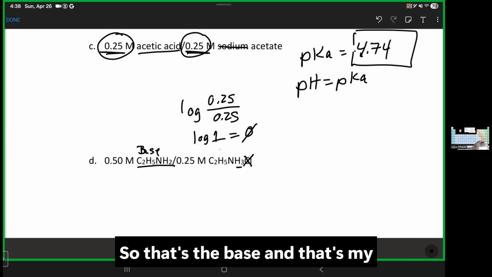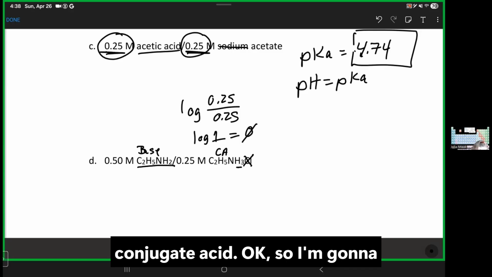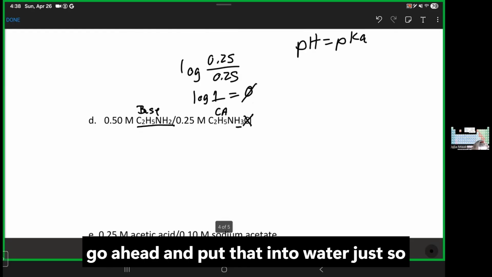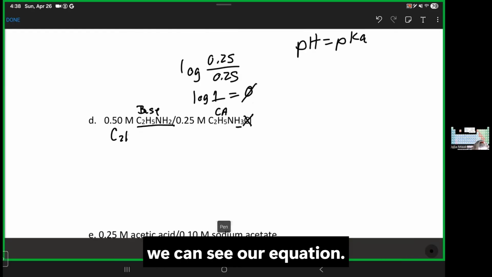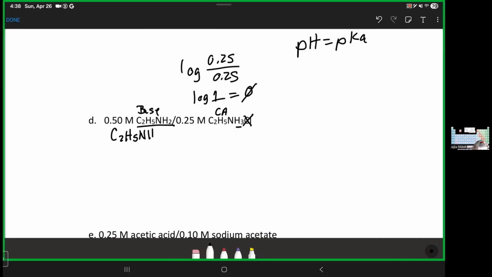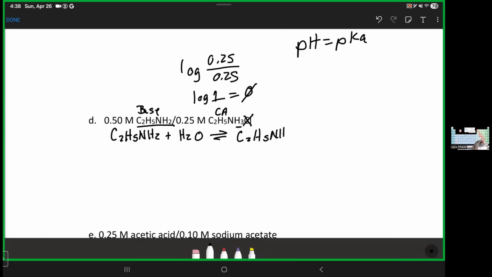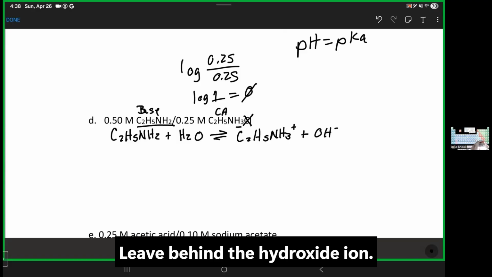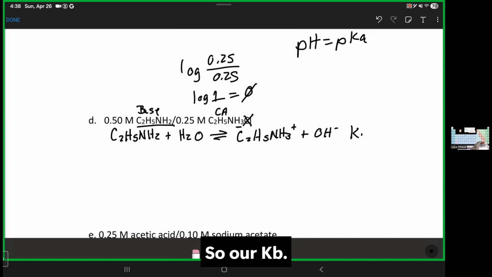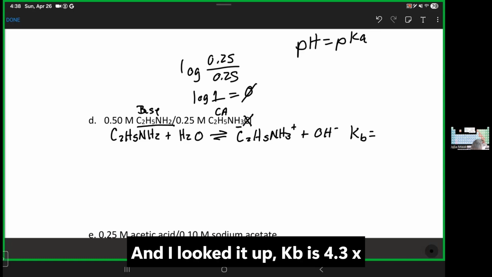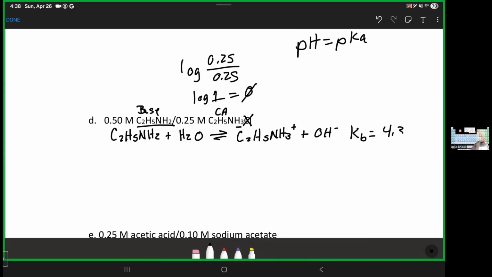So that's a base, and that's my conjugate acid. Okay, so I'm going to go ahead and put that into water just so we can see our equation. So that's a base. It's going to accept the hydrogen ion, leave behind the hydroxide ion. So our Kb, and I looked it up. Kb is 4.3 times 10 to the negative 4.